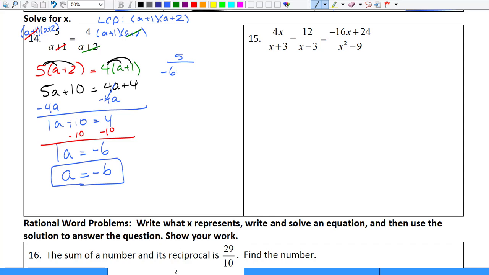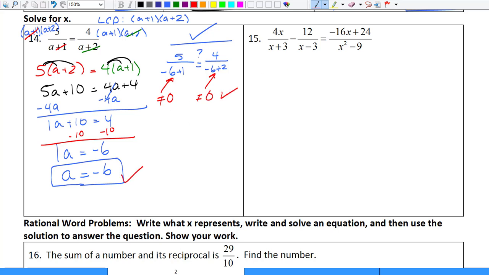So we have 5 over negative 6 plus 1 is supposedly equal to 4 over negative 6 plus 2. And I don't actually have to work out each side. All I'm checking is to make sure that the denominator is not equal to 0. And negative 6 plus 5, that's not 0. Negative 6 plus 2, that's not 0. So yay, I check out.